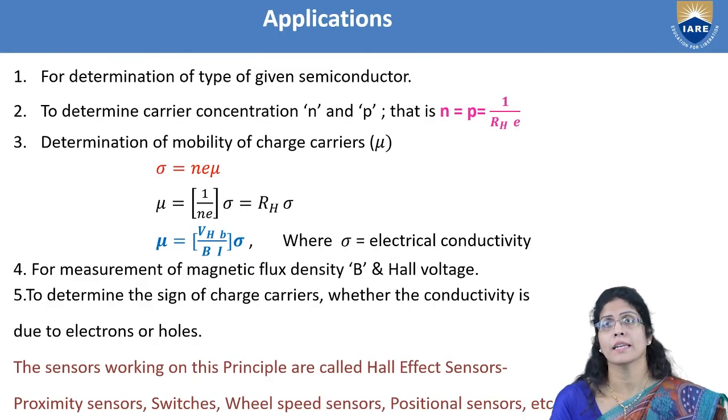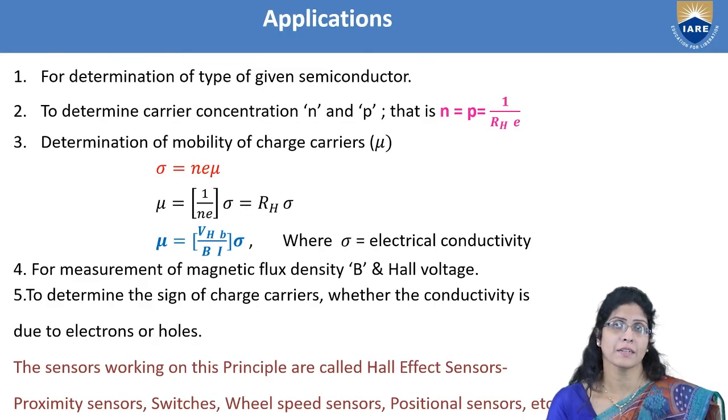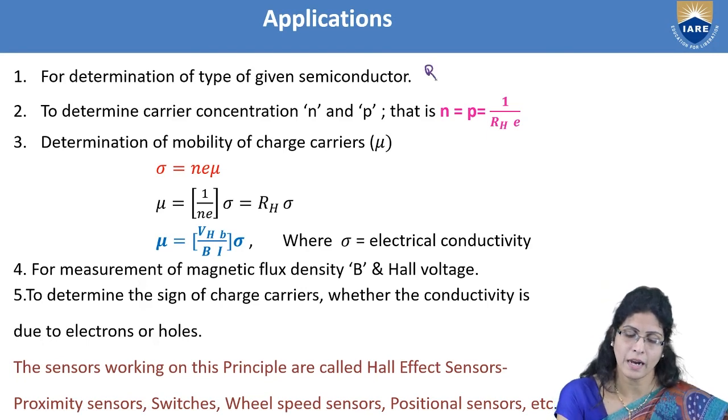Like, you can determine the type of the semiconductor. How can you determine? By RH. If RH is positive, then it is N type, and if RH is negative, it is P type.